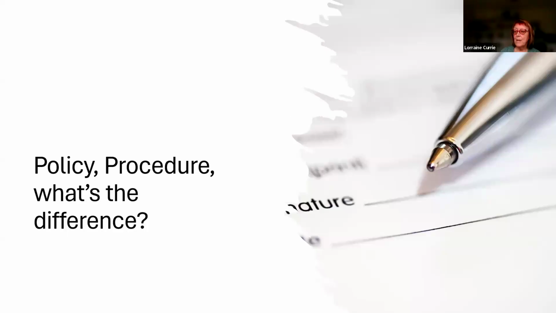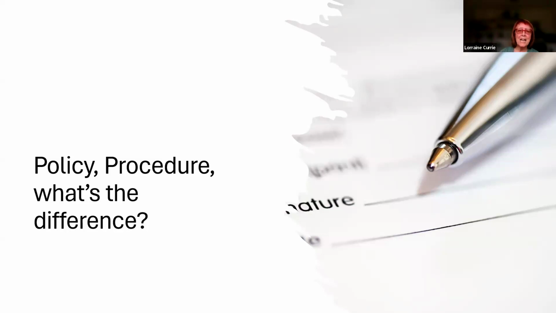So I'm just going to start off really in a general sense by looking at what a policy is, what a procedure is, and what's the difference. And I think it's very easy, dare I say this, to think that it's more than it is.